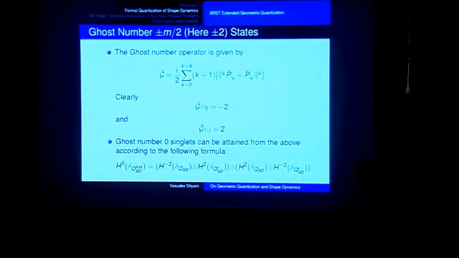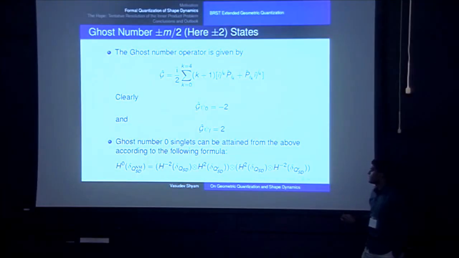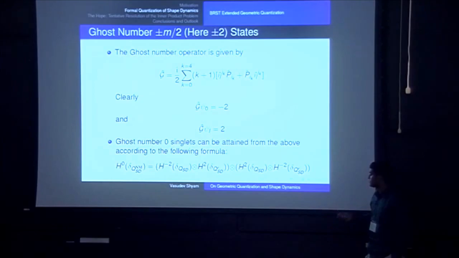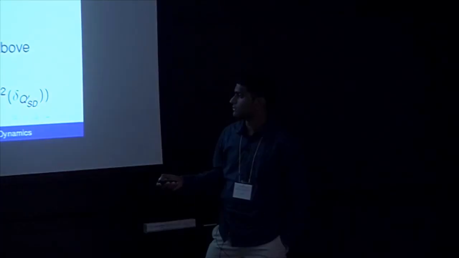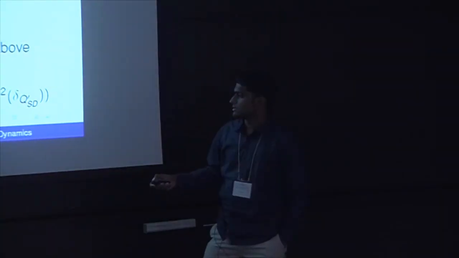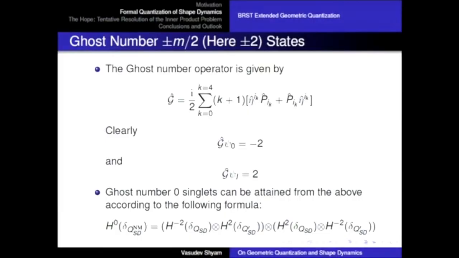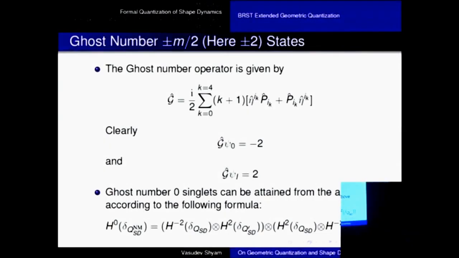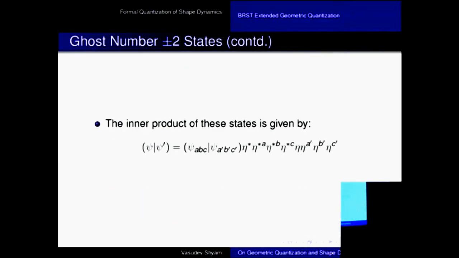And now, of course, those are not the physical states. The physical states have to correspond to the ghost number 0 singlets. Basically they'll belong to this, but there's this really interesting isomorphism between that and this, where this is the non-minimal contribution only, and this is just the minimal BRST charge. Now I'll show you how this works in terms of the particular wave functions later, where it's more enlightening.